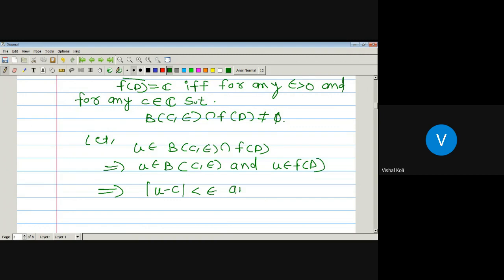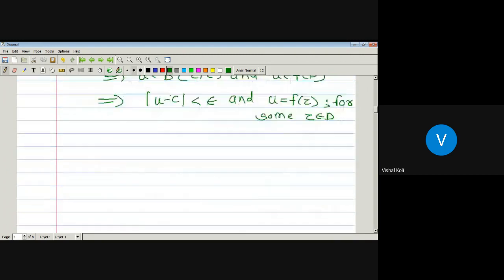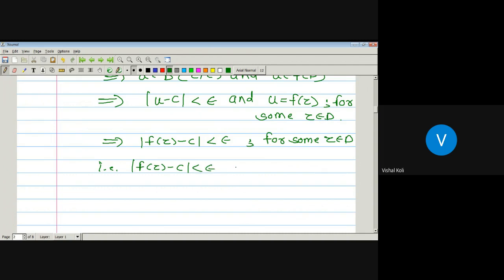And u belonging to f of D means u equals f of z for some z belonging to D. Putting u equal to f of z, this implies modulus of f of z minus c is less than epsilon for some z belonging to D, where D is nothing but the annulus of a, 0, delta.